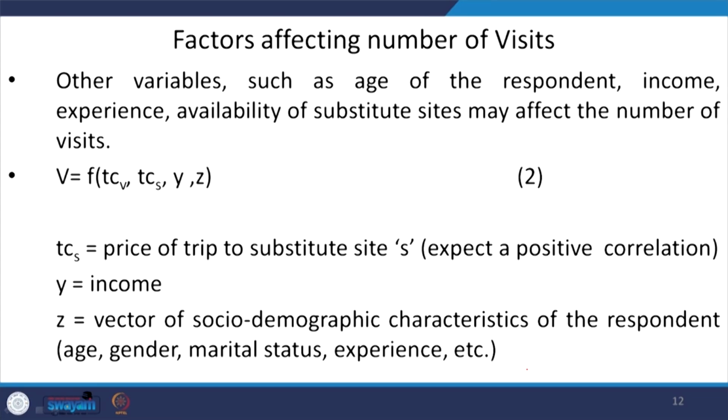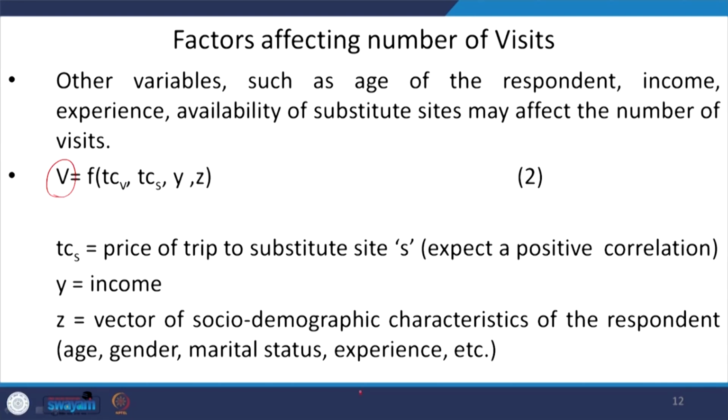Here, in the literature on the travel cost model, we explored and found that we can take into account certain variables in order to explain these behaviors. After taking all these variables into consideration, we can now say that the factors are as follows, where V equal to the number of visits to that particular site.